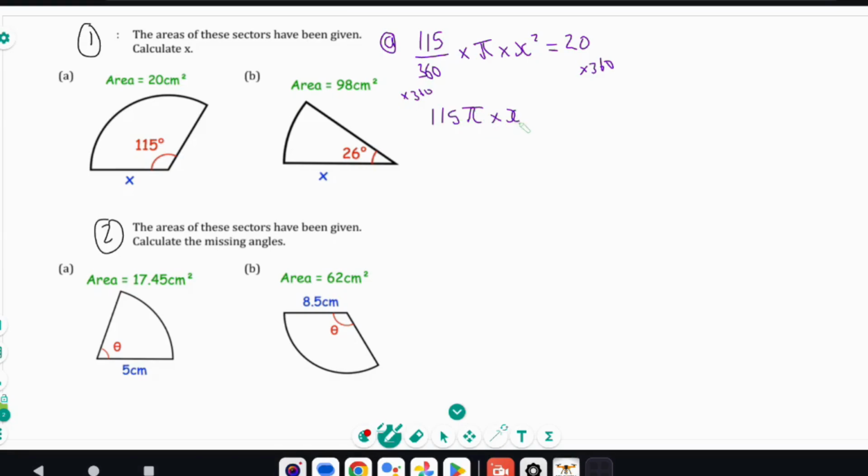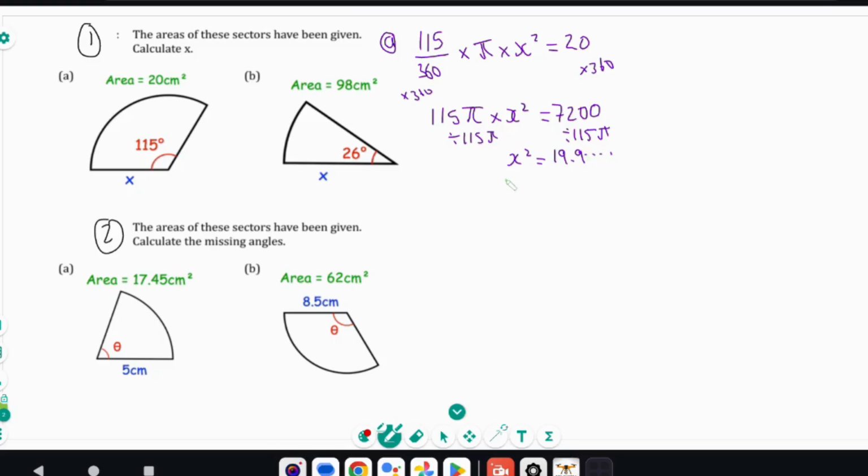times x squared is equal to 7,200. I'm going to divide both sides by 115 pi now. Which gives me x squared is equal to 19.9.